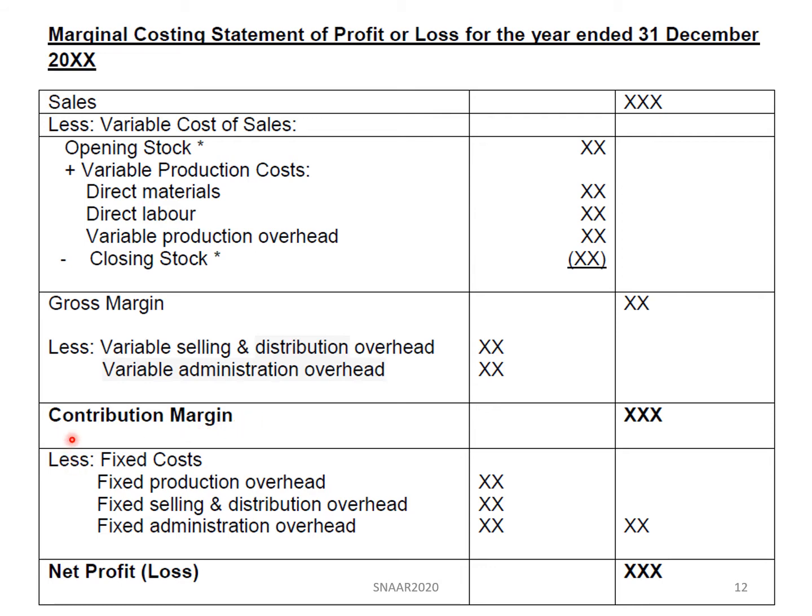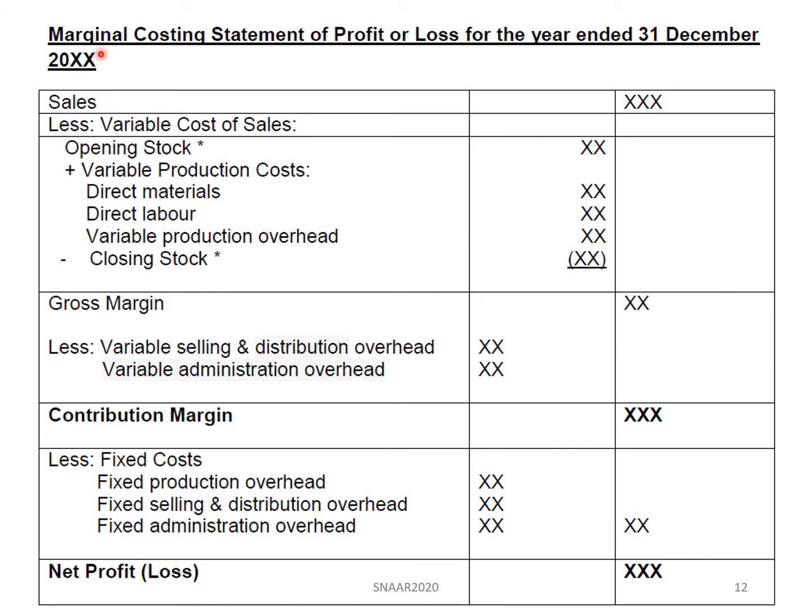So, bawah contribution margin yang tolak semua fixed cost termasuklah fixed production overhead. Dan dapatlah you punya net profit ataupun loss. Ini adalah marginal costing statement. So, the important thing is that you must be able to identify bila dapat gross margin, bila dapat contribution margin. Sebab dia punya term tak sama kalau you guna marginal dengan absorption.